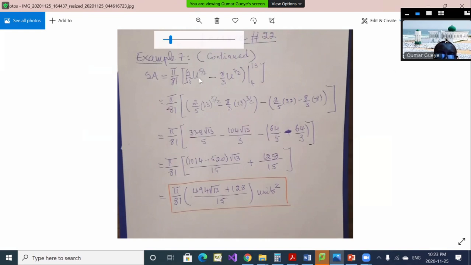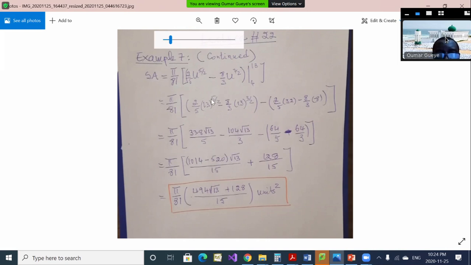And dividing by 5 by 2 becomes multiplying by 2 over 5. And if you remember, it was here equation 4. You multiply by 2 over 3, it becomes 8 by 3. And the first bracket here is obtained when you substitute u by 13. The second bracket when you substitute u by 4.